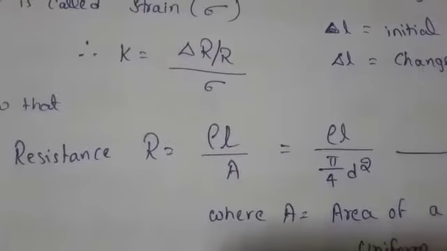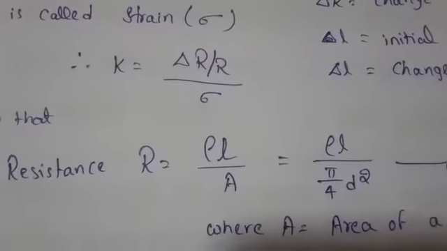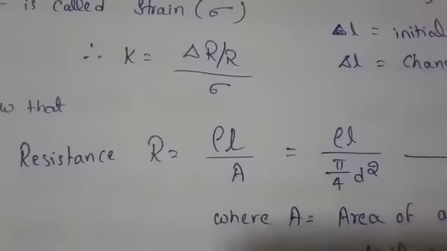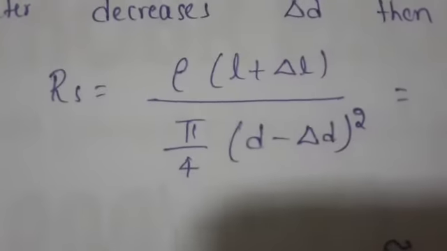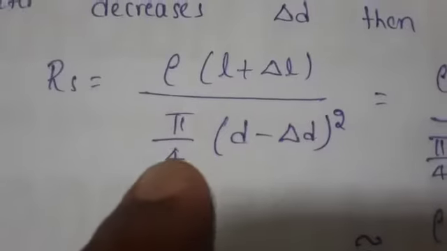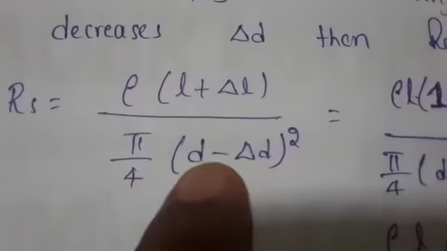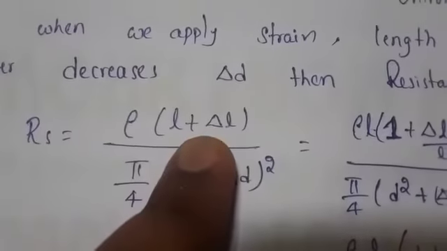At this time, the resistance changes, so we can write Rs equal to rho into L plus delta L by pi by 4 into d minus delta d. This is the decrement in diameter, and this is the increment in length.